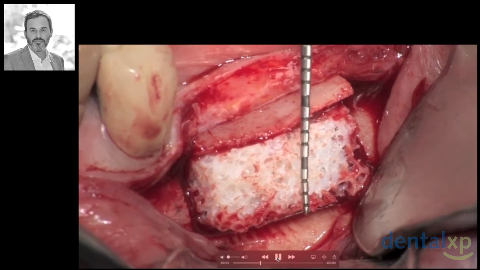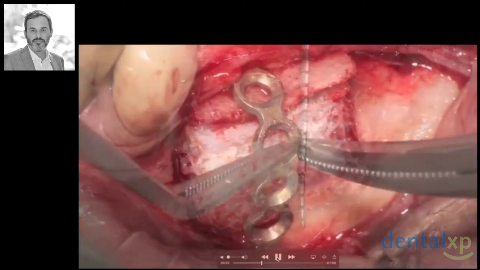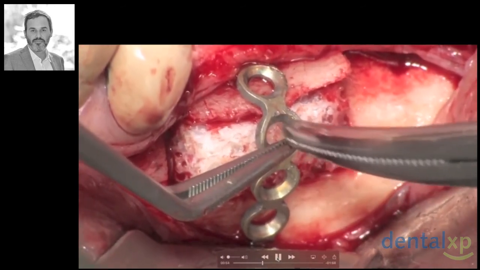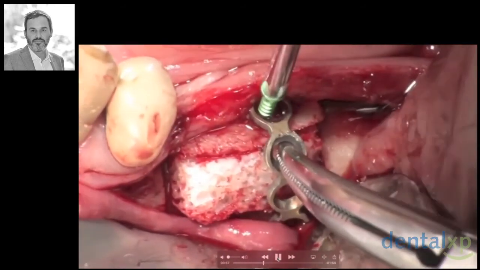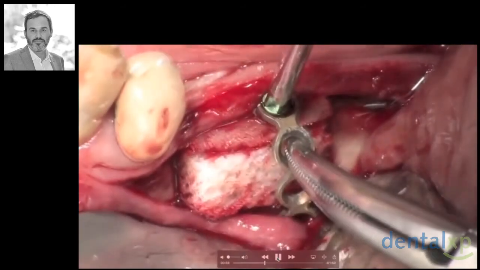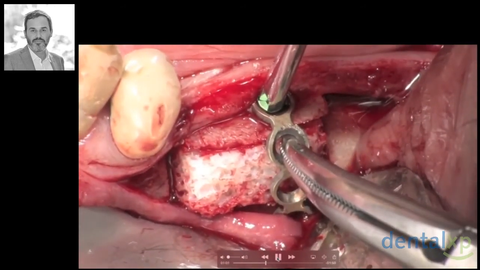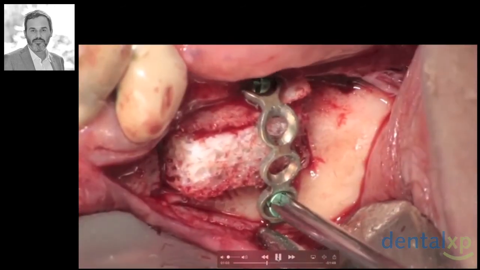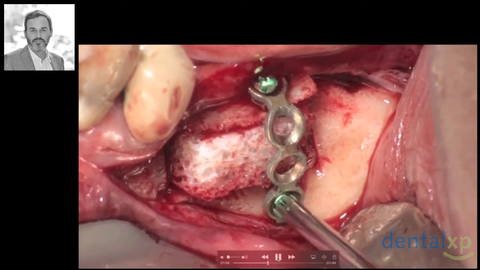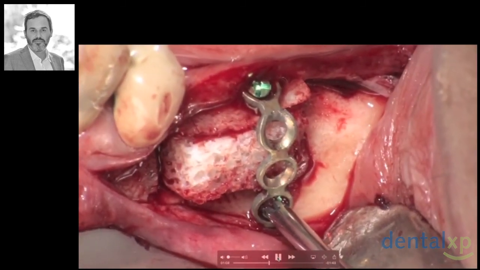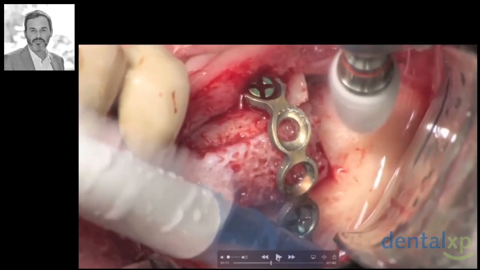And at the end, everything must be fixed with the mini plate. In this case, the mini plates I use have a diameter of maybe 1.2 millimeters.